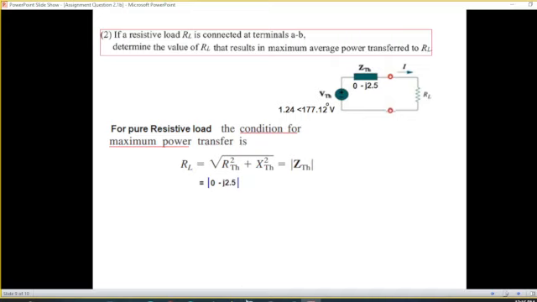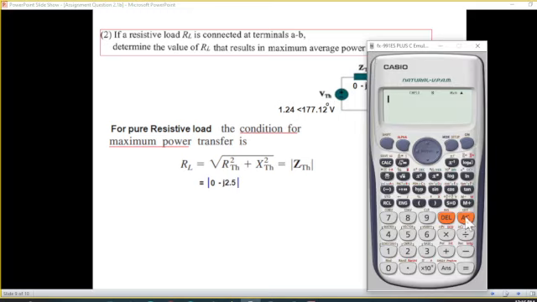You can convert this from rectangular to polar, or we'll use the calculator simply. So clear this, and the value is 0 minus 2.5 i. This is the answer we are getting.